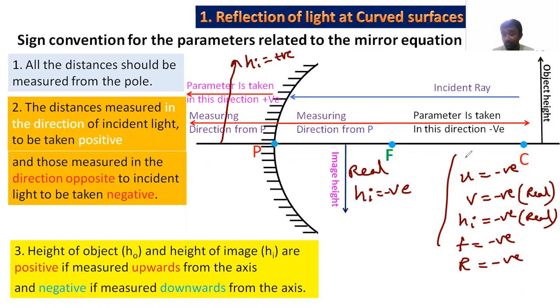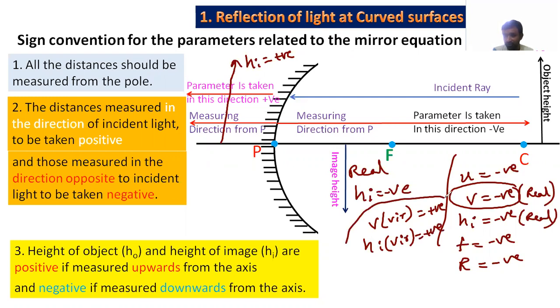Then what is positive? Only one is positive. That is what? The height of the object is always positive. Remaining are always negative, except the image distance. If it is the image distance for a virtual image, it becomes positive. Behind the mirror it goes. Then h_i also becomes positive if it is a virtual image.